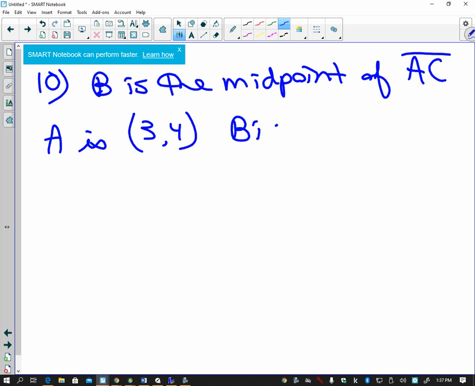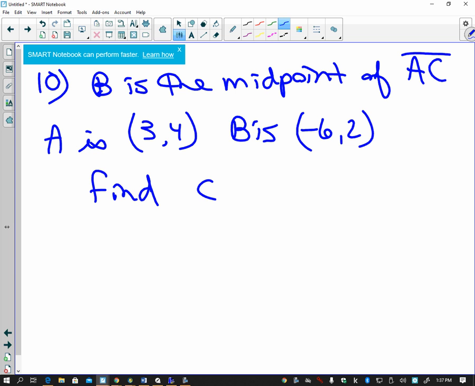B is, I don't know, -6, 2. Find C. This is one that you guys have had on a test before, but we didn't do very well on it. You're still using the midpoint formula. The problem is that you're solving for a different part of it.